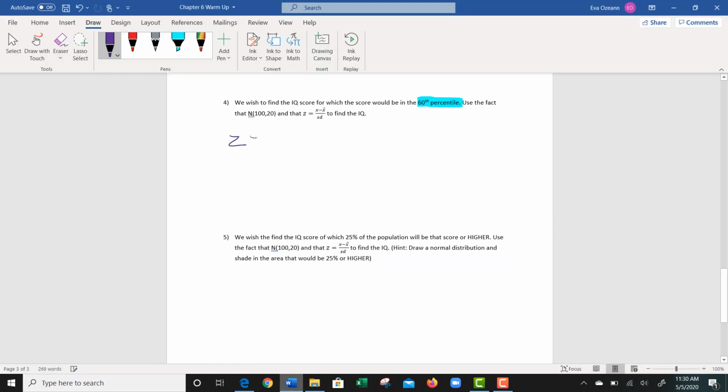So z equals 0.26. Now I have to work backwards using the z-score formula to find the actual IQ score. I know the z-score is 0.26. I don't know the x value, that's what I'm trying to solve. I do know that the average IQ score is 100 and the standard deviation is 20.